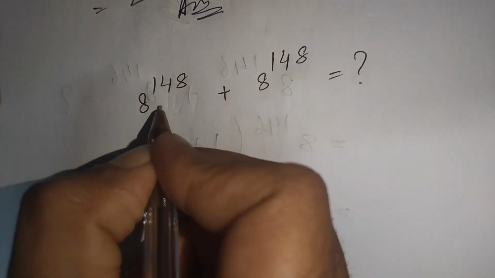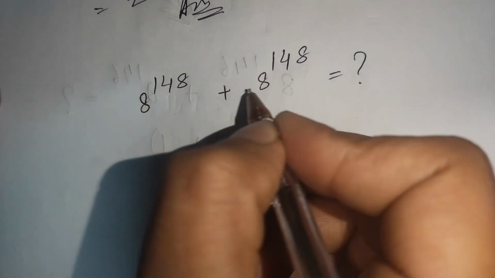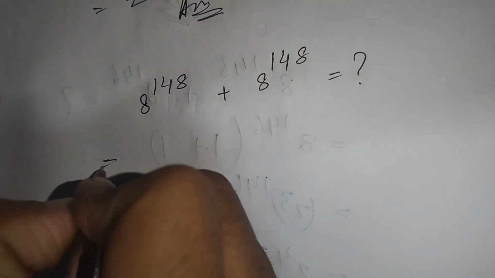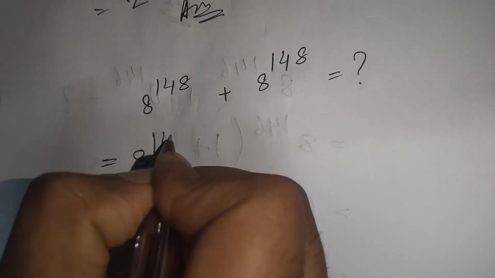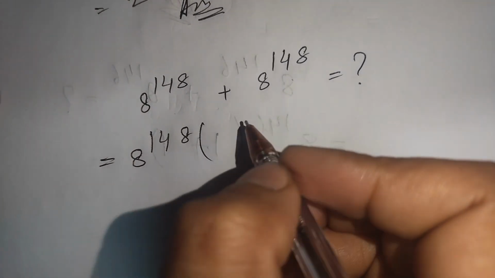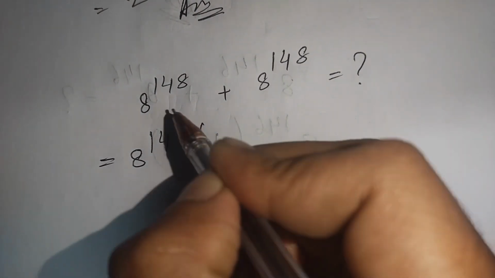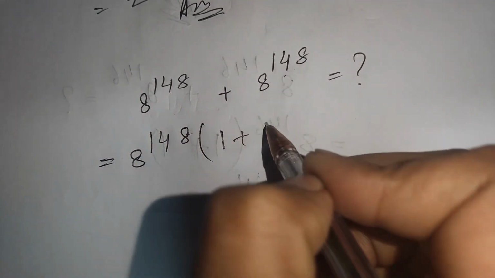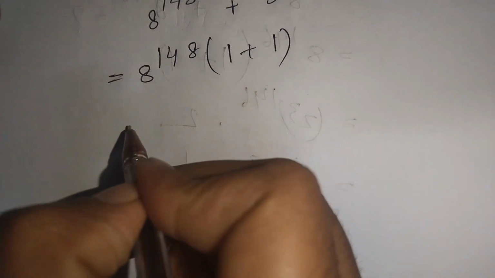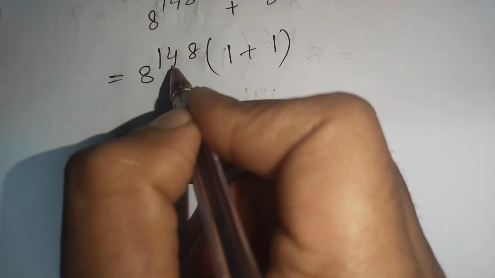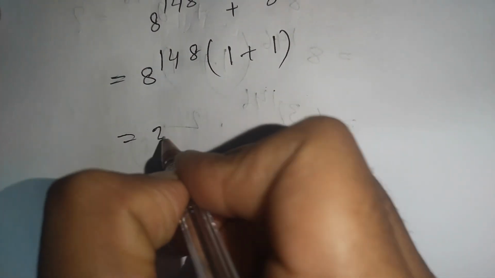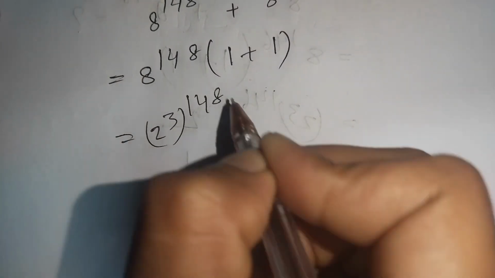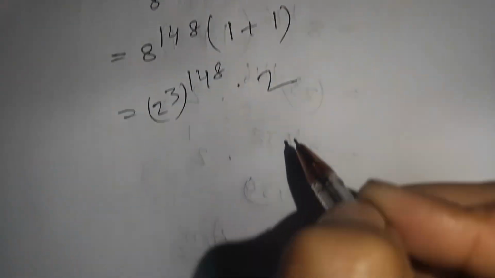I have to solve a to the power 148 plus a to the power 148 is equal to what? At first we take common a to the power 148. First bracket start. This divided by this, that means 1, plus this divided by this, that means 1, is equal to a to the power 148 times 2, where a is the same as 2 to the power 3, bracket for 148 times 1 plus 1, that means 2.